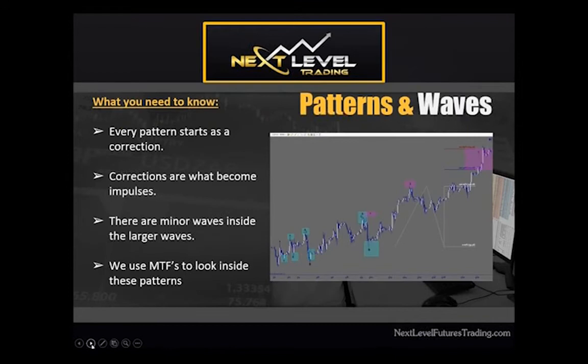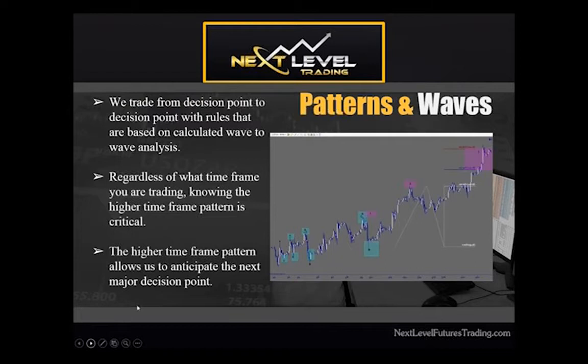So basic rules and what you need to know is that every pattern, by our rules, starts out as a correction, and these corrections can become impulses. And inside of all of these waves, there are minor waves, and so we're going to look inside of those larger waves to find those and give us odds on any given day. So we will use multiple time frames to look inside these patterns.